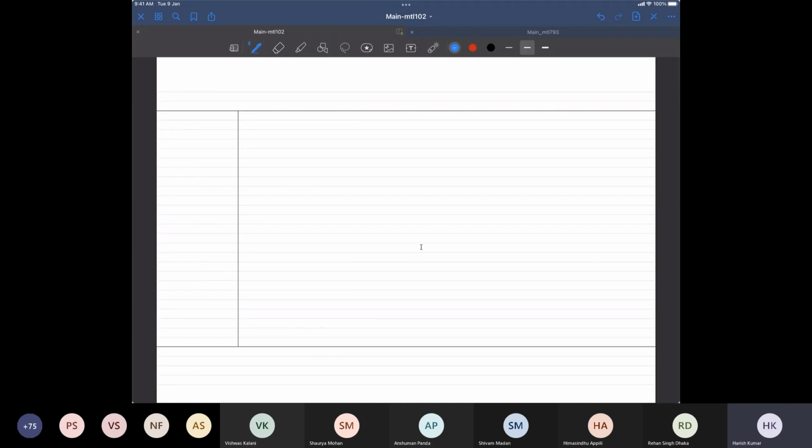So far what we have shown is that if f is continuous on omega, let's take R, and Lipschitz on R, then a unique solution exists.